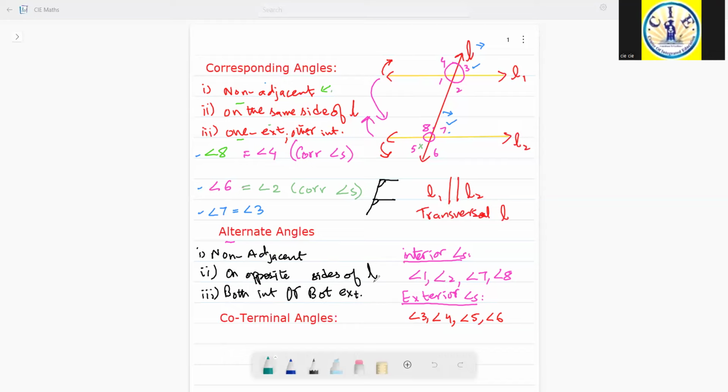That means it has got both the possibilities. Either both the angles could be interior or both could be exterior angles.